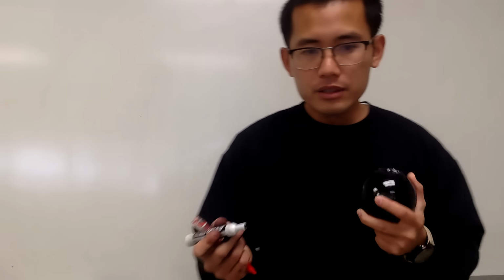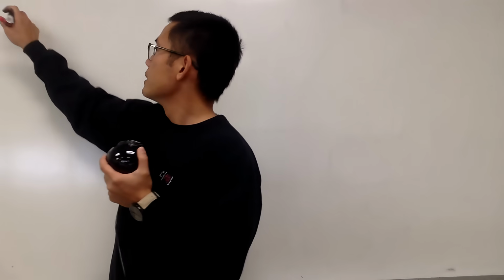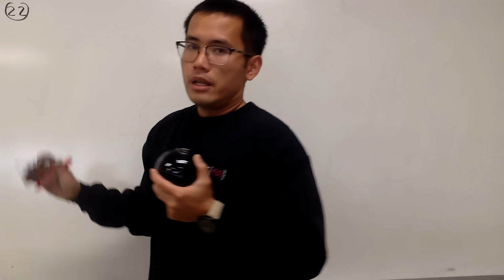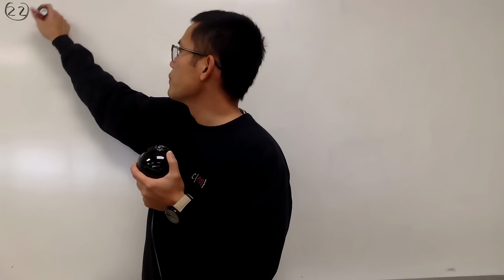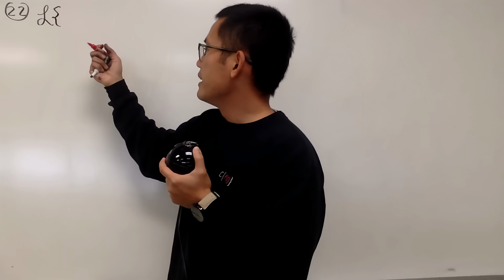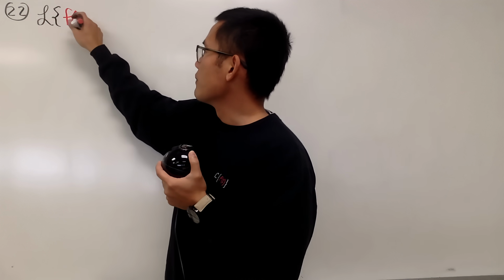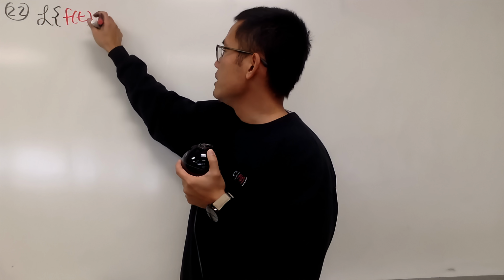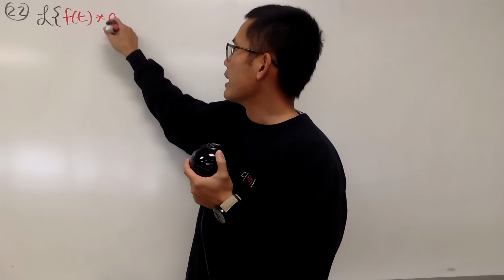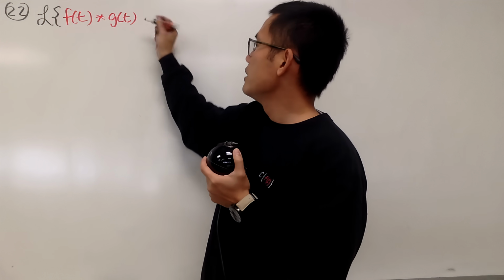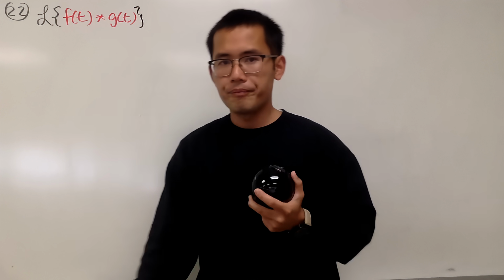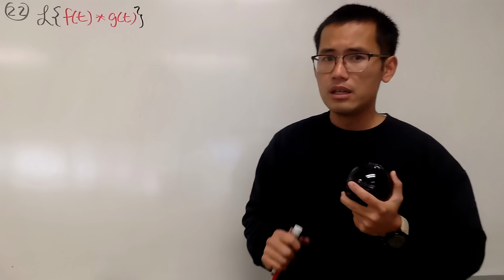All right, so number 22, right here. Here we have the Laplace transform, and the input here is what we call the convolution, namely f of t, and you do the star right here, with another function, g of t, like that. Now, here is the idea.